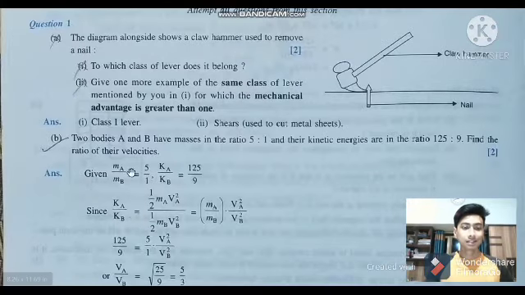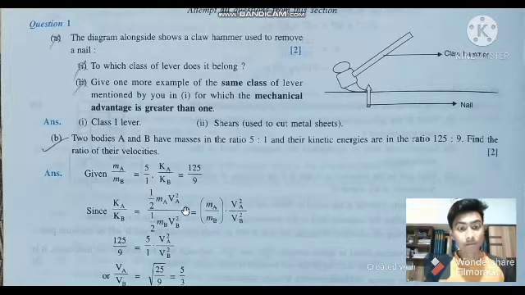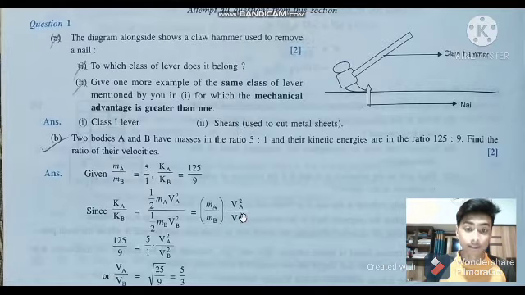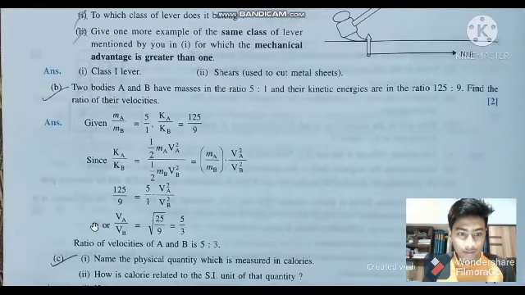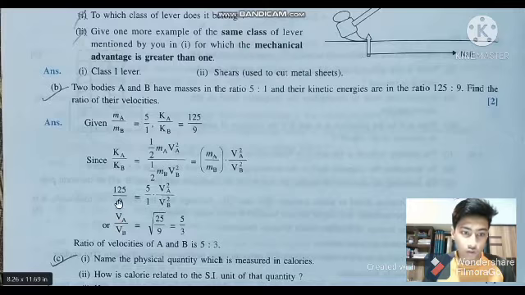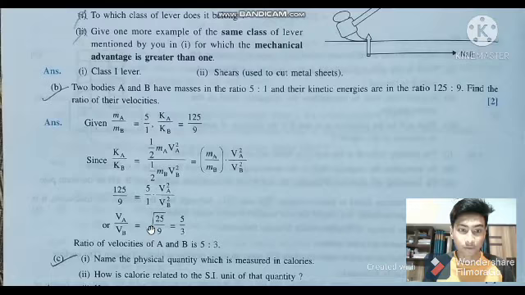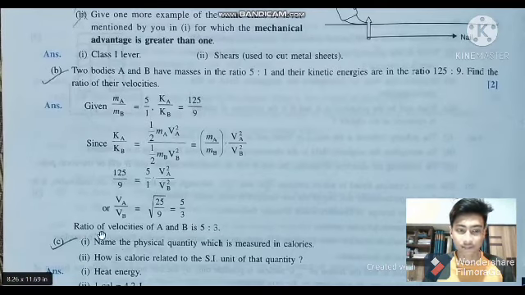Since Ka by Kb is half ma Va square upon half mb Vb square, which gives ma by mb into Va square upon Vb square. Finally, you put these values over here, and Va upon Vb whole square would come to 25 upon 9, and then Va upon Vb would be root over 25 upon 9, ultimately 5 is to 3, which is your required answer. So the ratio of velocities of A and B is 5 is to 3.